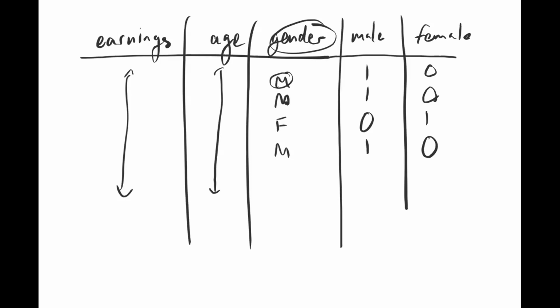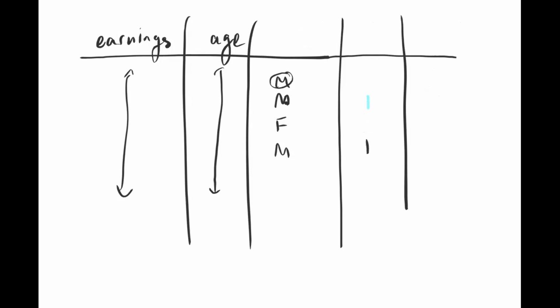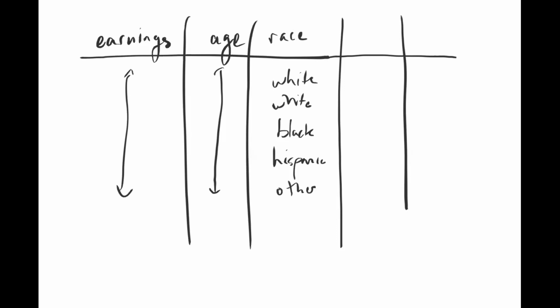If I delete this and instead take a look at our categorical variable, the organization follows the same logic. So here, let's do race. You might have white, white, black, Hispanic, other, something like this.